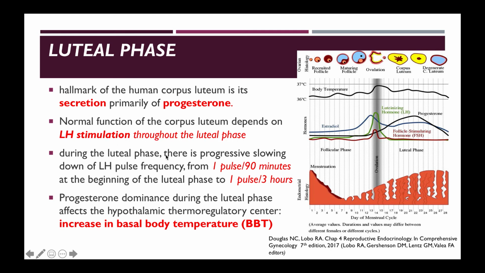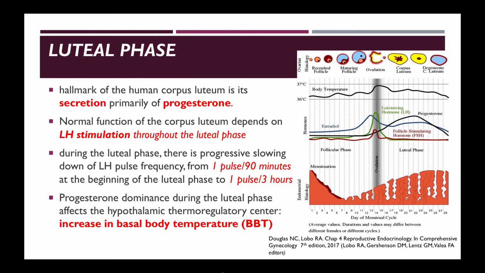Now, during the luteal phase, there is progressive slowing down of LH pulse frequency from 1 pulse per 90 minutes at the beginning of the luteal phase to 1 pulse every 3 hours. As I've already mentioned a few slides back, during the second half of the cycle, there is a slowing down of the pulse frequency as compared to the first half of the cycle, where we have a more rapid pulse frequency.